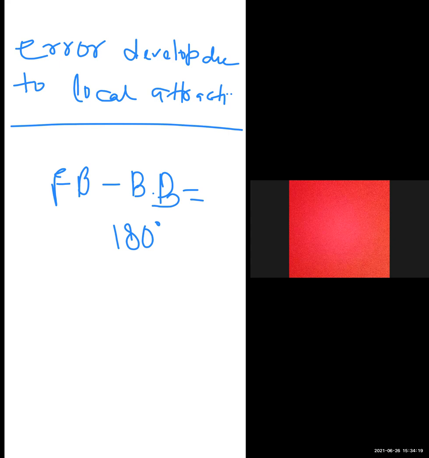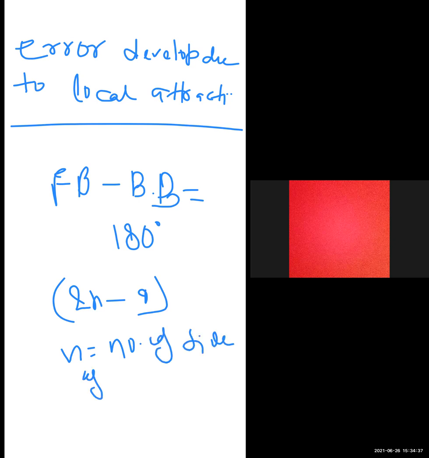So the sum of internal included angles must be equal to 2n minus 4 right angles, where n is the number of sides of the closed traverse. This is the method of elimination of error due to local attraction.